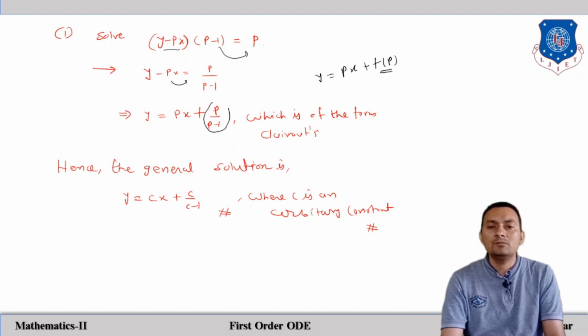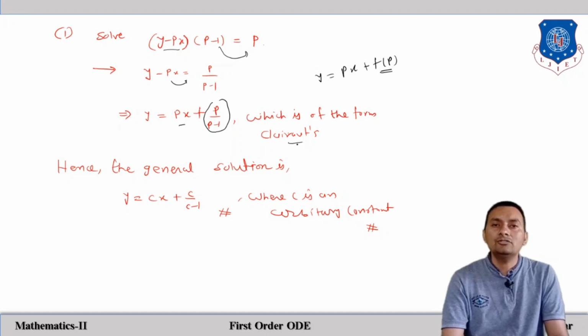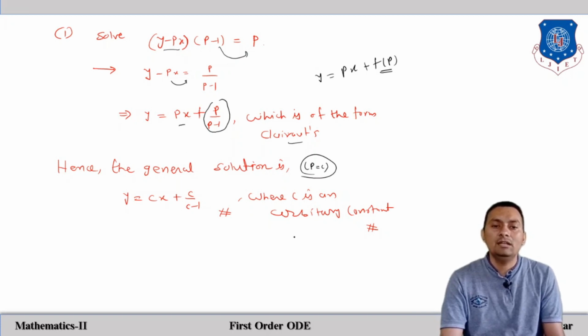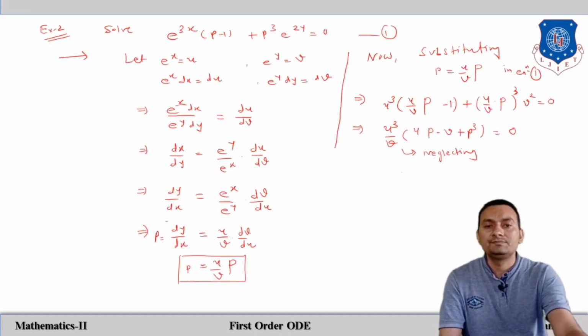That means it is Clairaut's form, and therefore the general solution is p replaced by c, and we can write y is equal to cx plus c divided by c minus 1, and this is exactly the required solution.